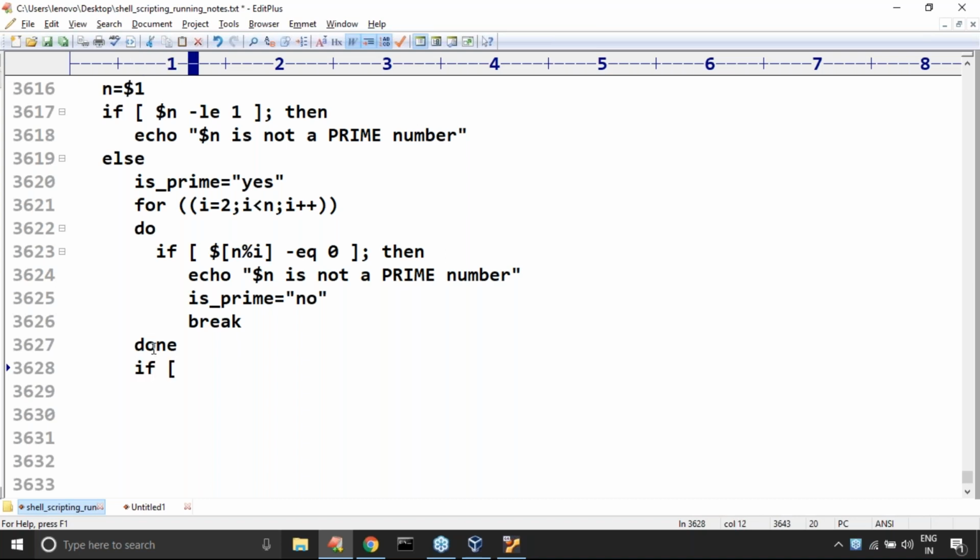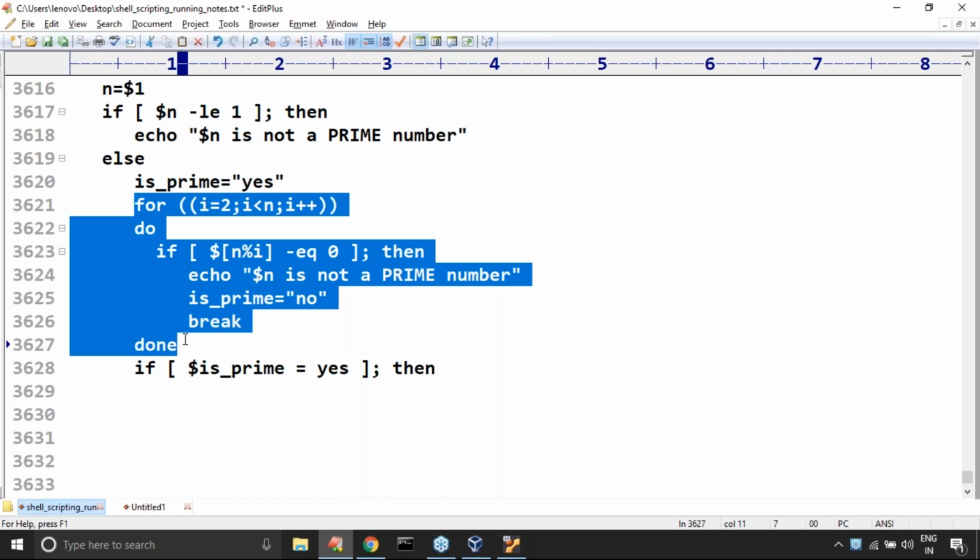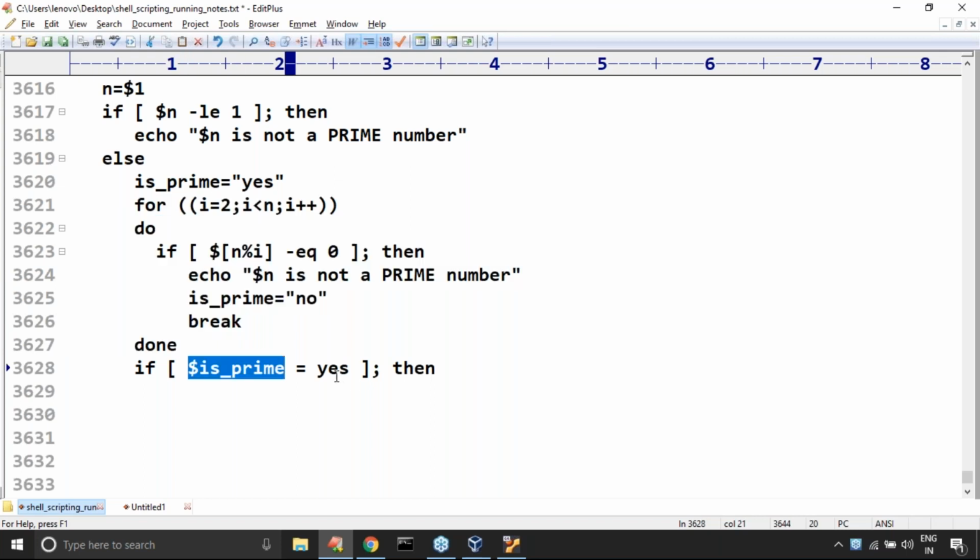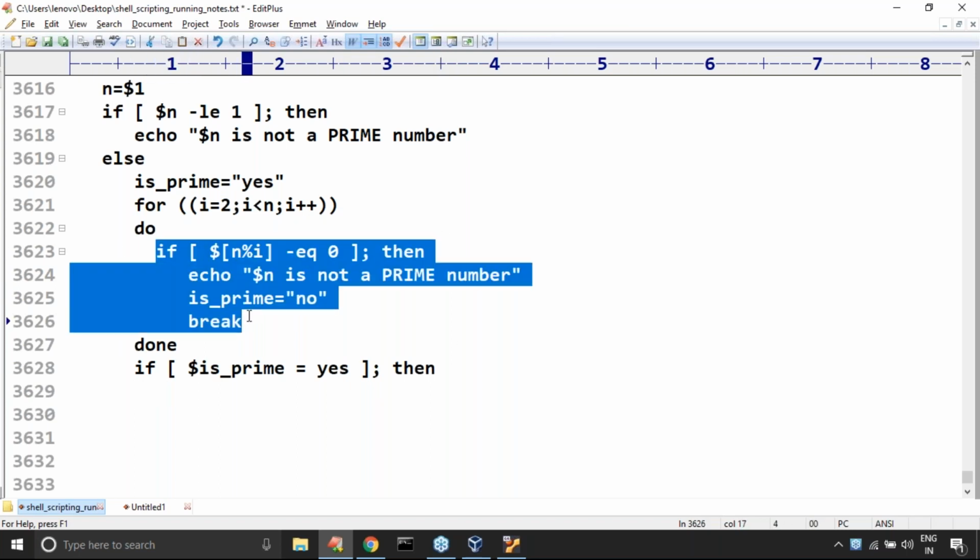Sir, here just observe: if $is_prime is equal to yes, then even after completing this for loop, is_prime is still yes. That means you were not in a position to find any other factor from 2 to n minus 1, correct or not?